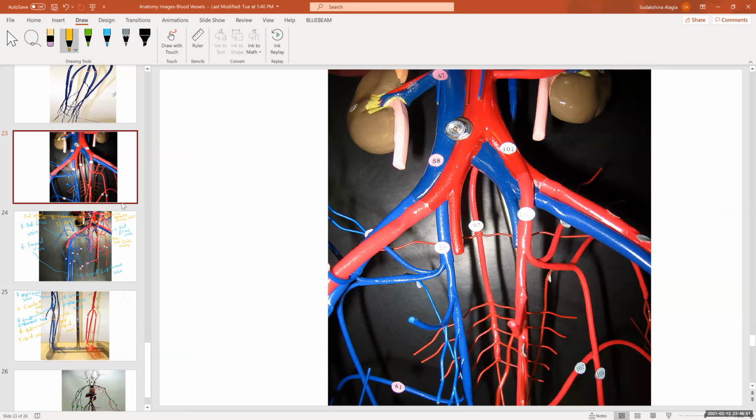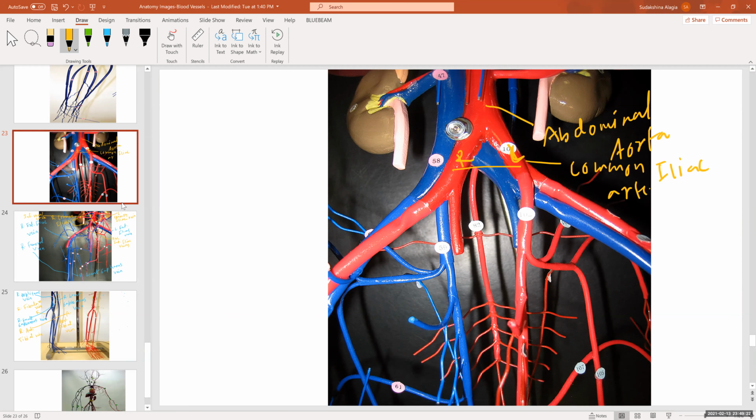Here you can see the arteries. Basically, this is the abdominal aorta splitting into right and left common iliac arteries.